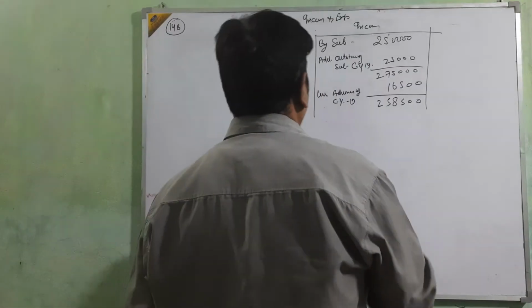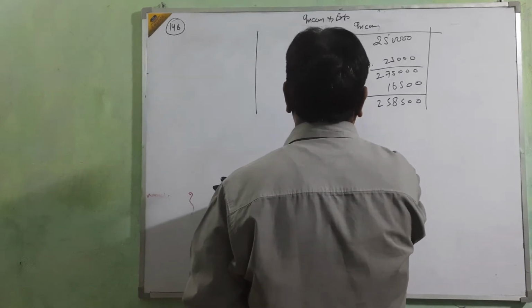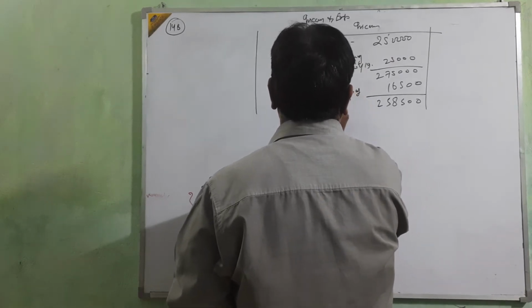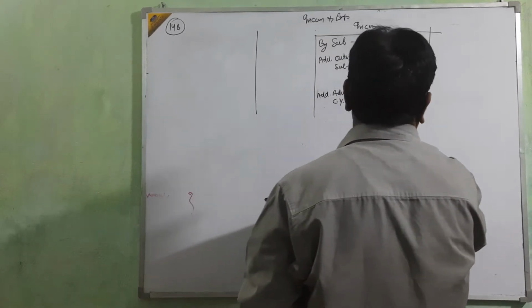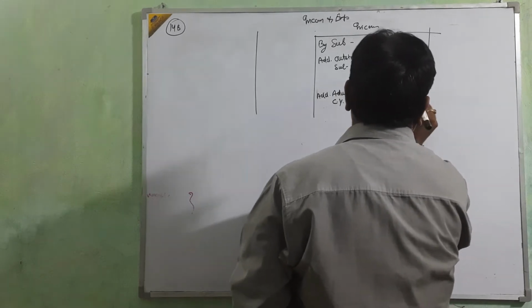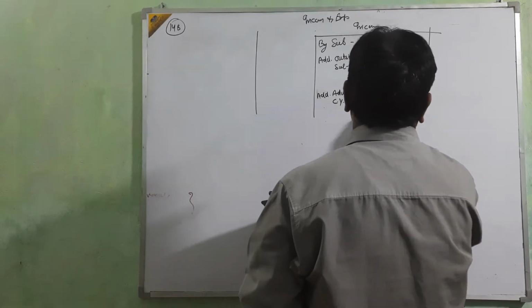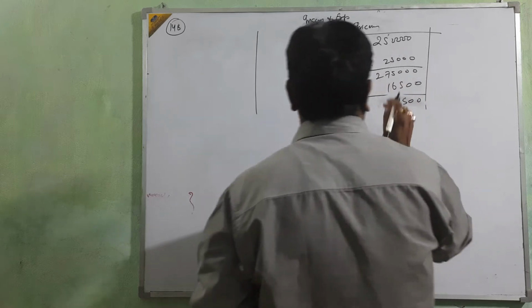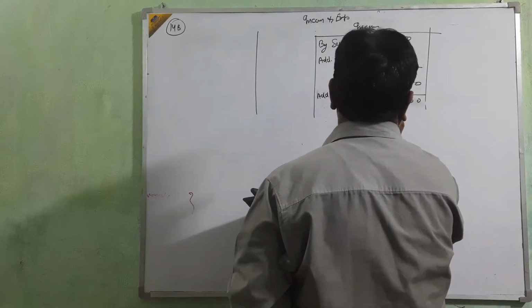It's the last year, beta, not the current year. It will be added. 15,000, giving 2,73,500.